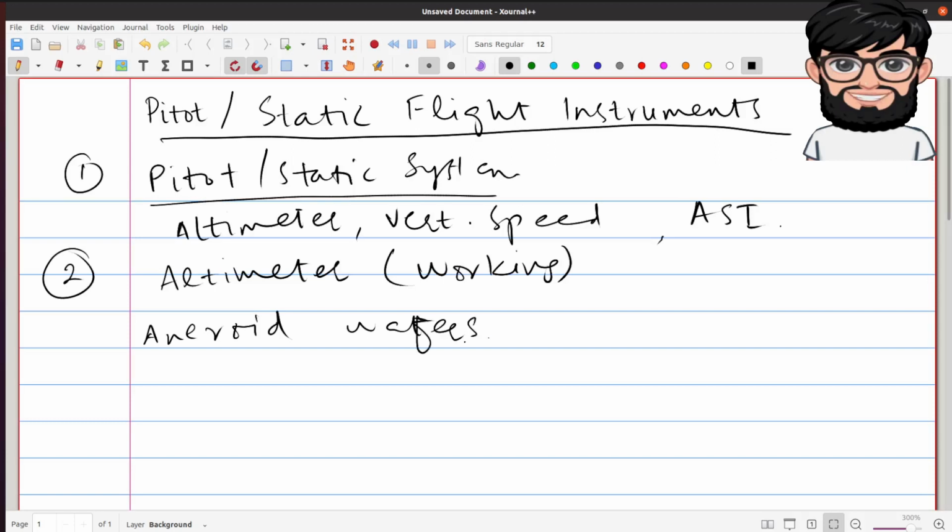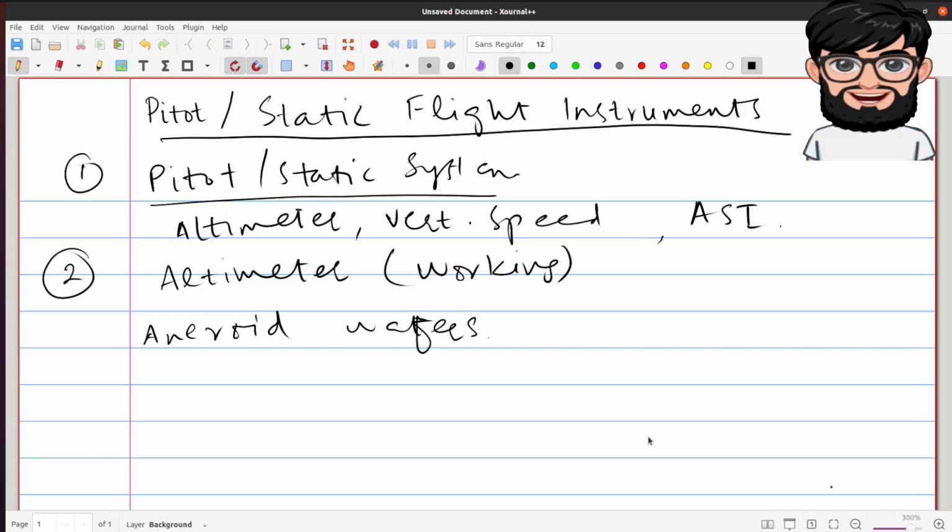The key factor which actually changes with altitude is the atmospheric pressure. Whenever you are going to different altitudes, the atmospheric pressure is changing.